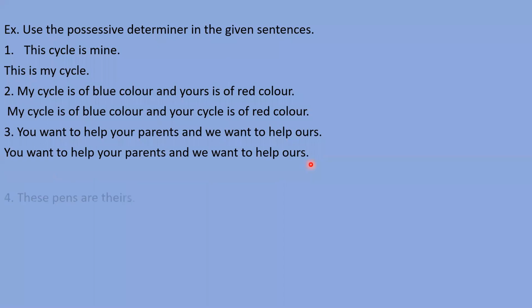Okay, next sentence. These pens are theirs. So we know that theirs is a pronoun. So instead of this pronoun, we have to write a possessive determiner. So what word can come here?